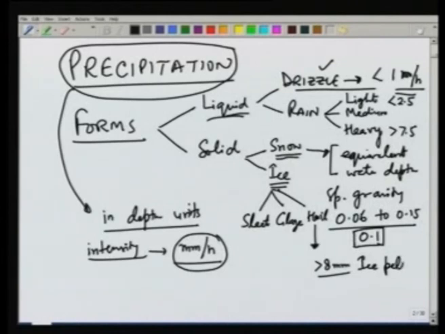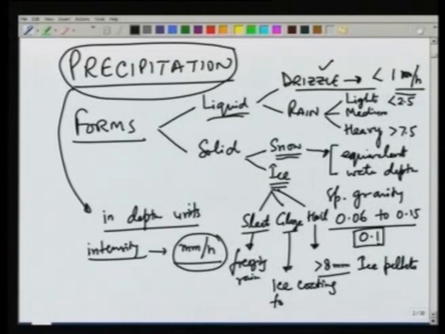Sleet and glaze, sleet is a freezing rain, and glaze is an ice coating which is formed when the raindrops hit a frozen ground. So, ice coating on frozen ground.